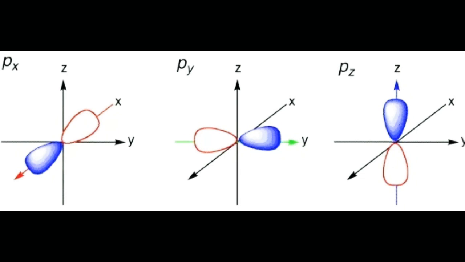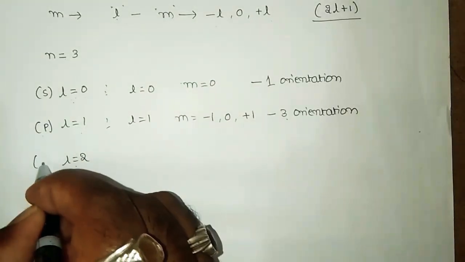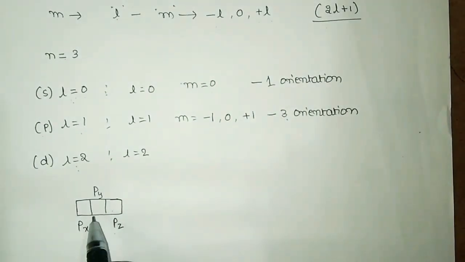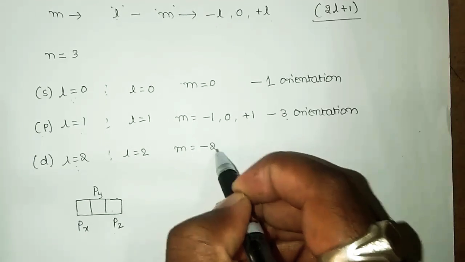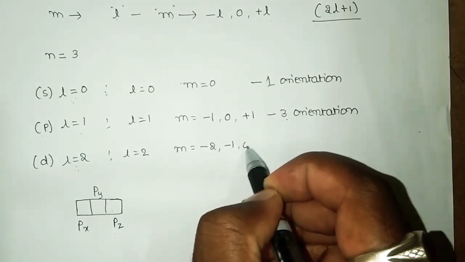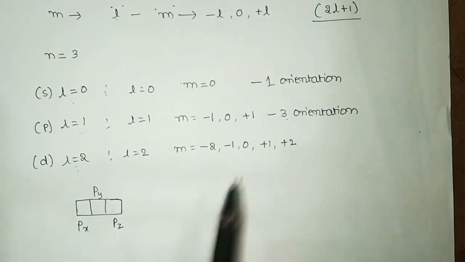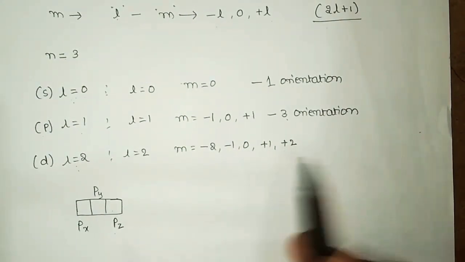And when L is equal to 2, we know that it is the D subshell, and for that value, L equals 2, M can take the values -2, -1, 0, +1 and +2. So overall we are having 1, 2, 3, 4 and 5.